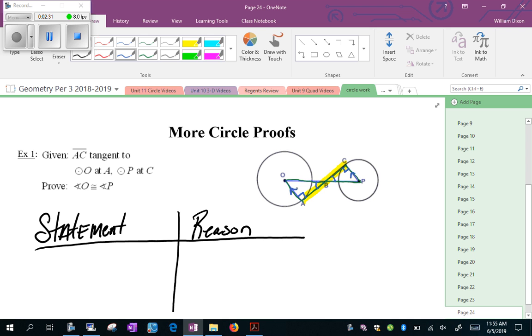I liked what one student did in one of their reviews is they wrote down their thoughts. So I suggest you do the same thing. Write down your thoughts so that you gather those thoughts when you're writing your proof. So let's go at this one.